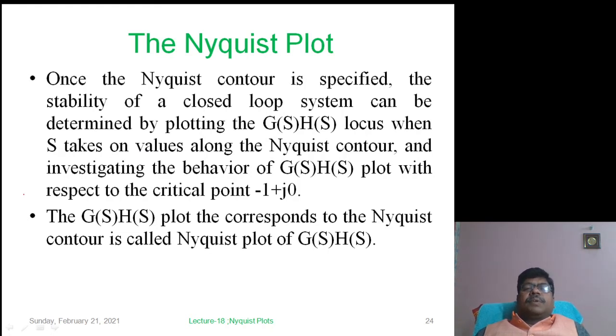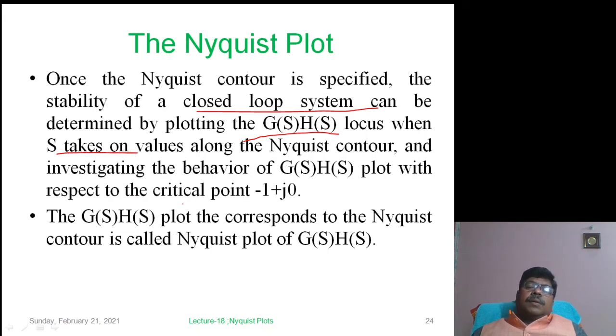Once specified, stability of the closed loop system can be determined by plotting the GS locus when S takes on its value.